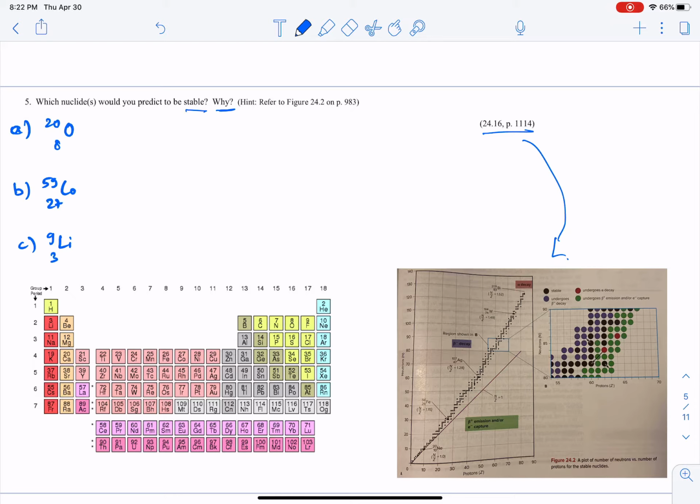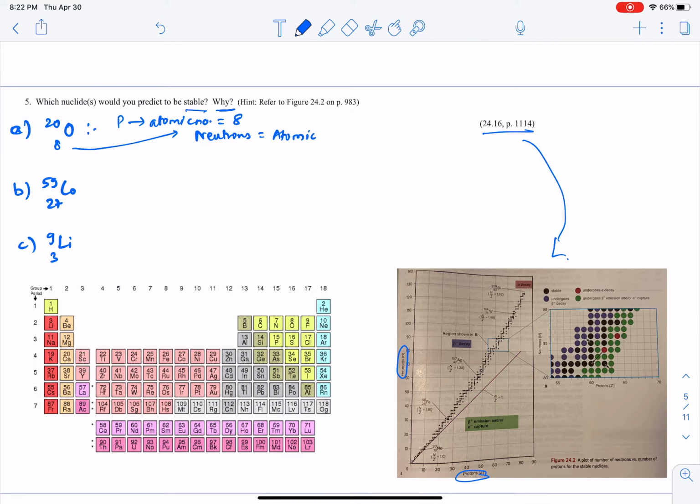To check the stability, you need to find the ratio of your neutrons and your protons. Let's check in terms of oxygen. How many protons do we have? That is the atomic number, that's 8. Now to check the neutrons, you subtract the atomic number from the atomic mass.